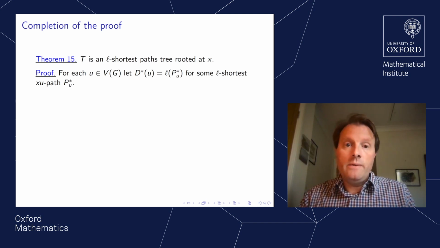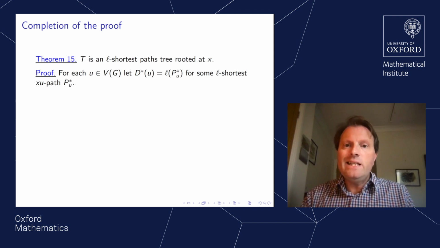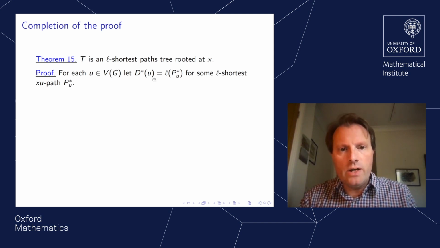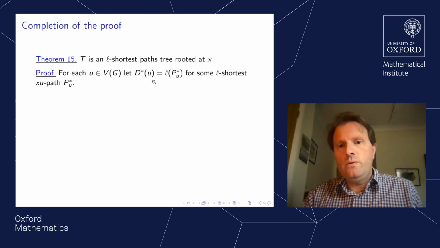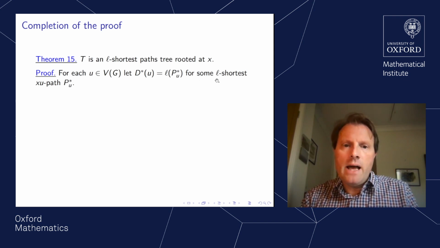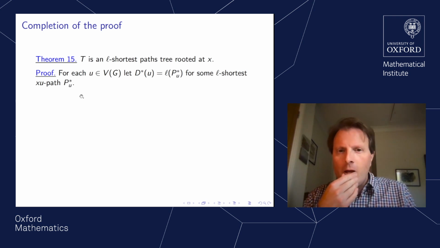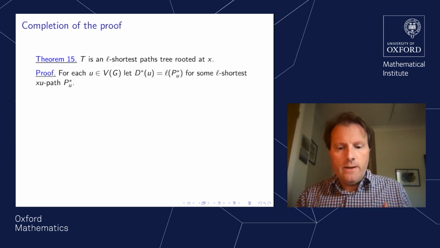Okay, so we've defined D of U. I'm going to define D star of U as follows. So for each vertex U in VG, D star of U is L of P star of U for some L shortest XU path P star U. Okay, so it makes sense to consider this quantity.